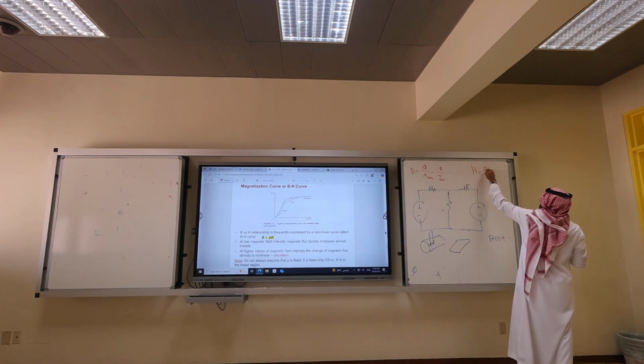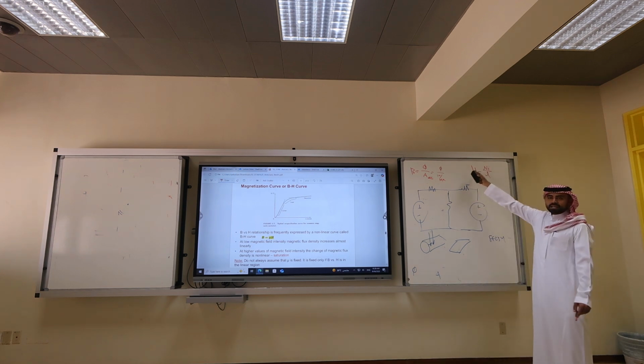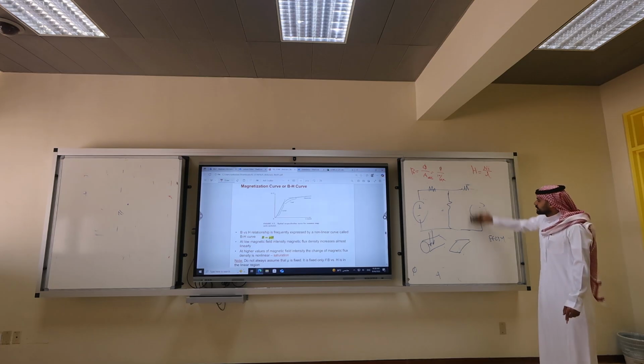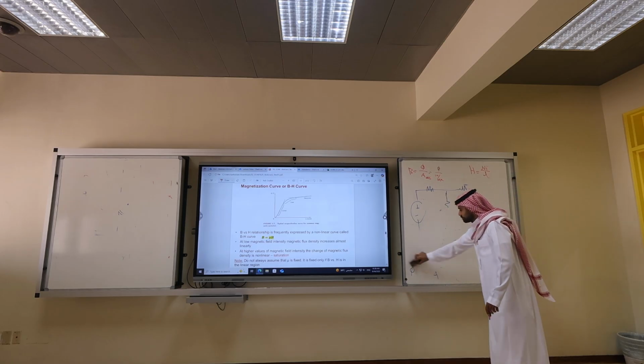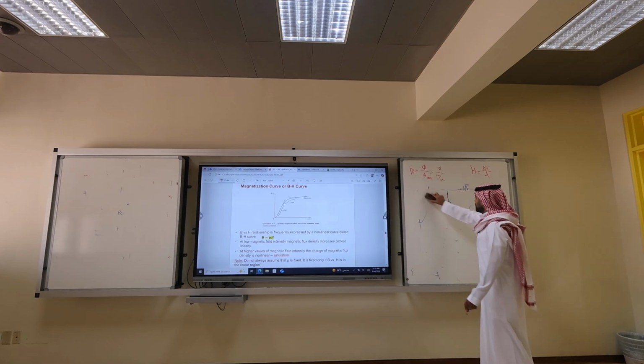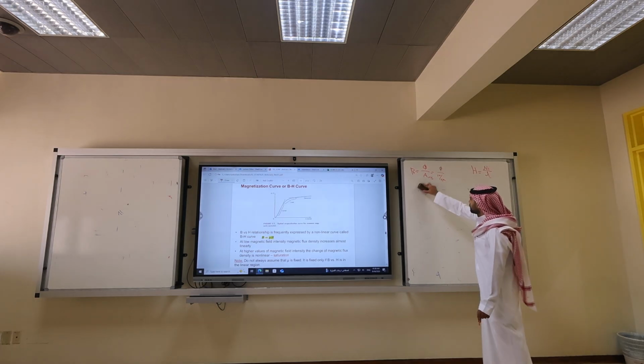It's Ni over L, something like that. So if I increase the current, I increase H. If I increase H, would I increase the magnetic flux density? Yes. If I have 1 million amps, would I get 1 million similar flux?